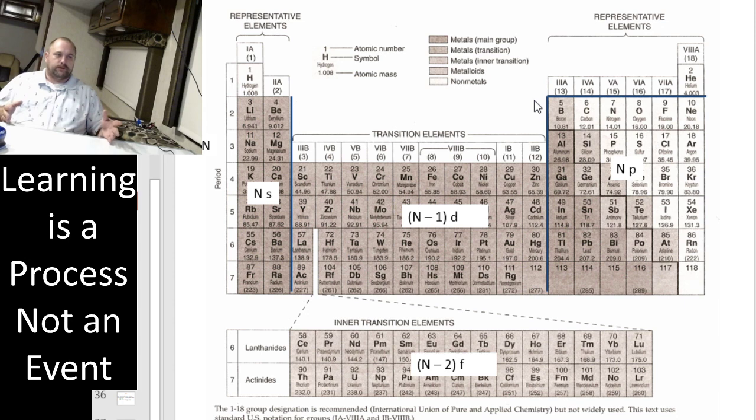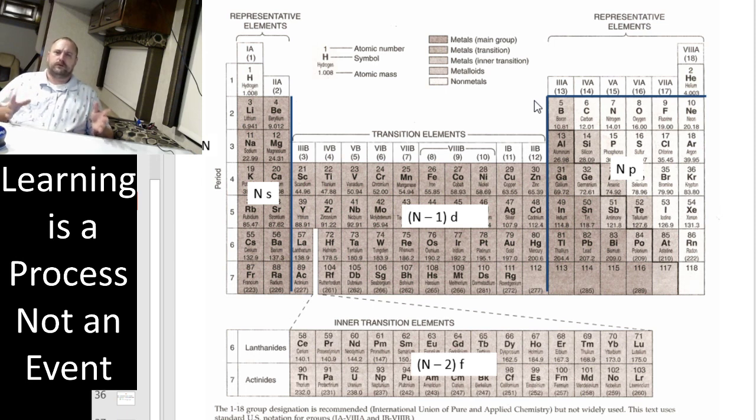For instance, with iron and transition elements like copper and zinc, we get some weird stuff going on. We get some things not going the way we predict. That has to do with a level of understanding that we don't usually give you. It really just comes into things being half full.